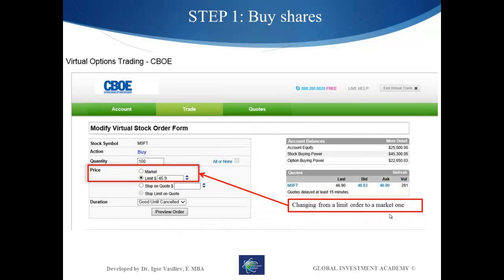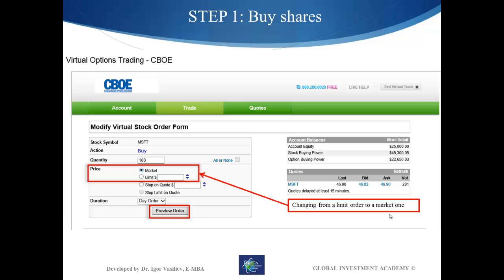When we click change, we go to the page where we fill the order, and we can see that the stock symbol is already filled, action buy as well, quantity exactly. The only thing we do now is change from a limit order to a market one, and then click preview.